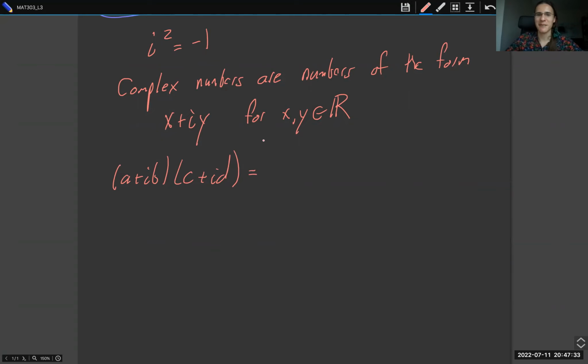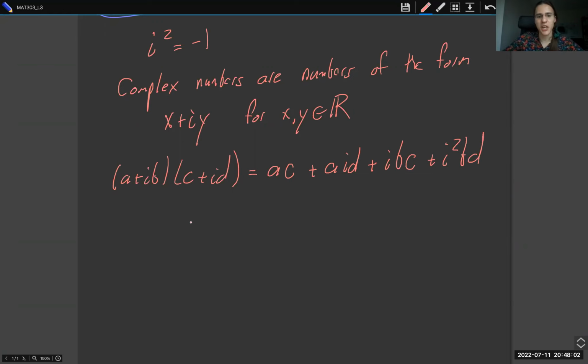It's sort of telling of the American education system that they have an acronym for expanding something like this. Anyway, you multiply a by this, so you get ac plus a times id, and then you get ib times c, and then you get plus i squared b times d.